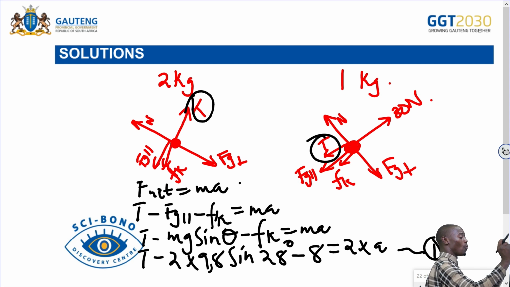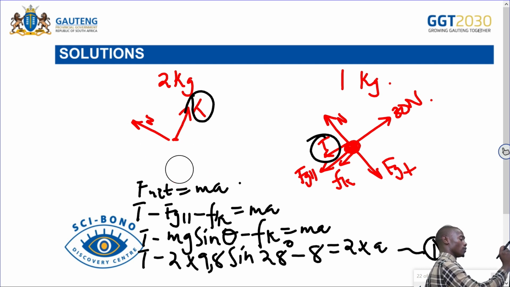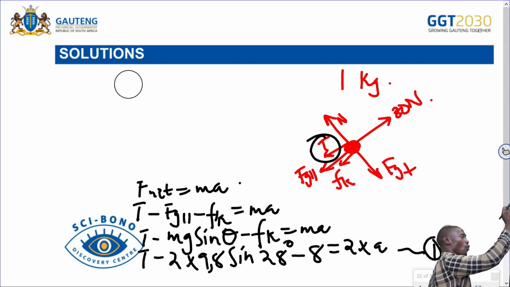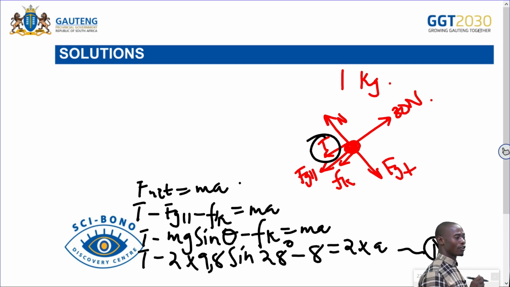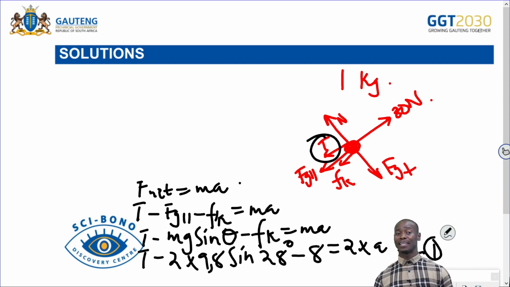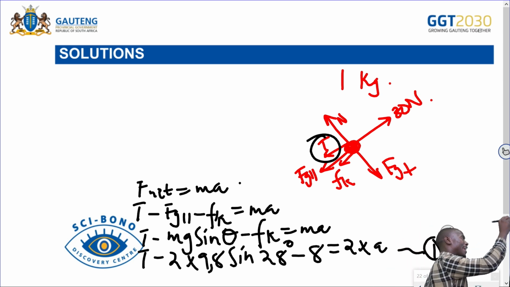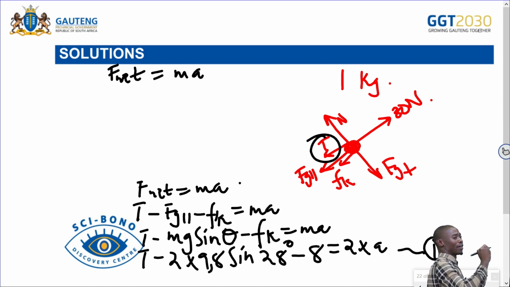Then now you move to your 1 kilogram. For your 1 kilogram, how many forces are parallel to the incline? There are 4. Again, F net equals MA. So we are dealing with the 1 kilogram now. You cannot change the direction. You took up the slope as positive, so throughout we need to keep that direction.